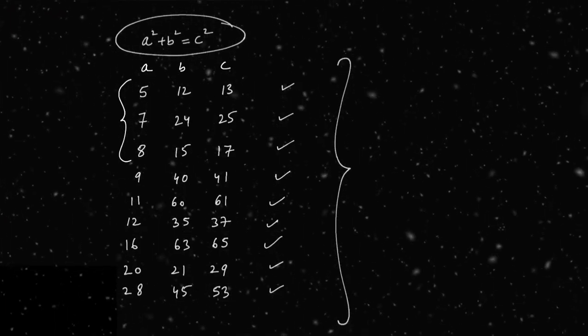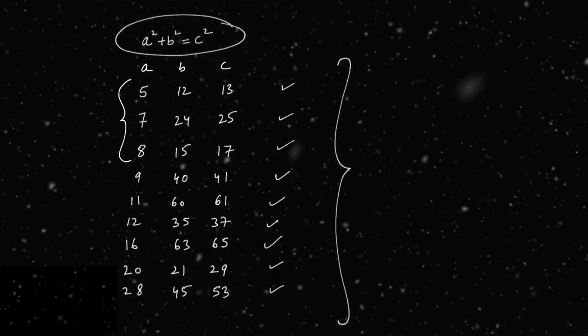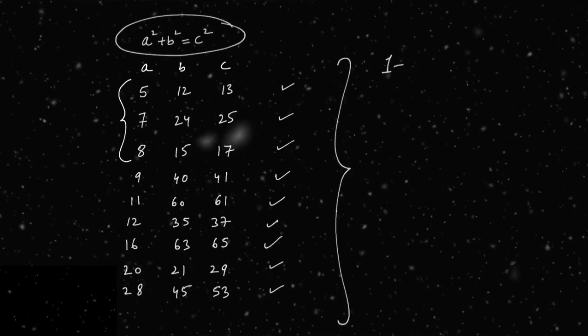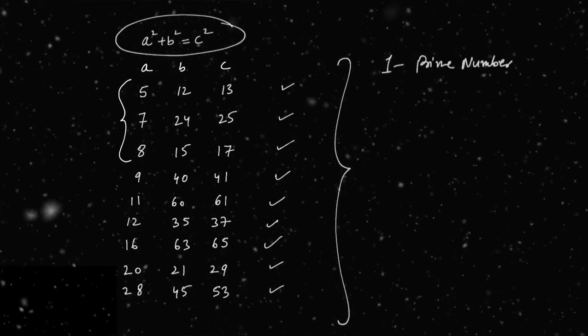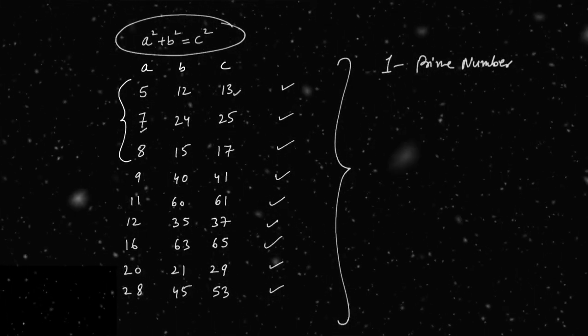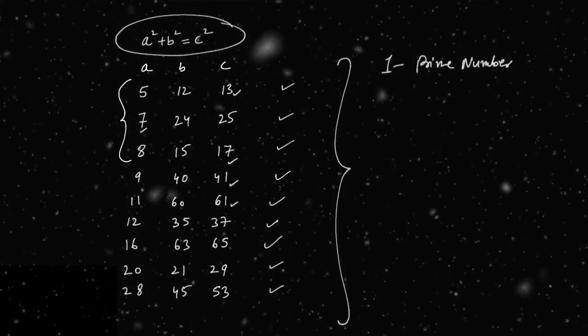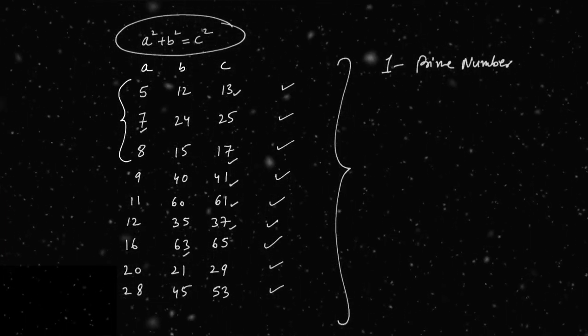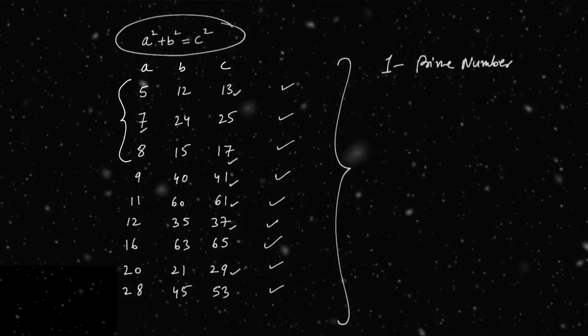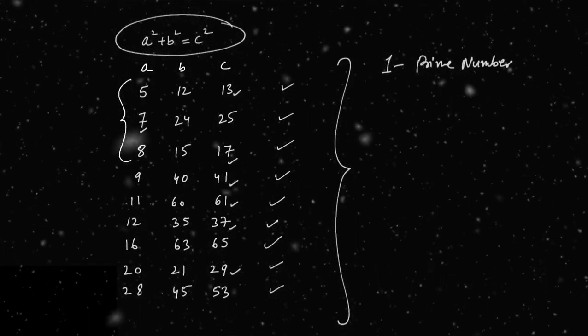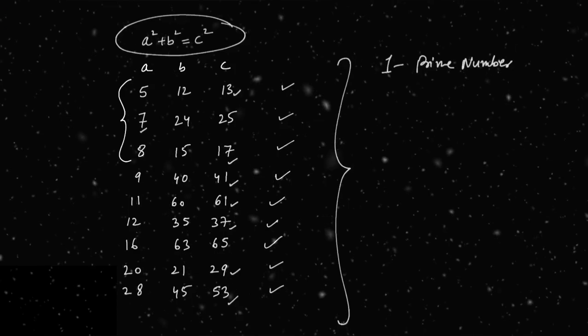If you go through this list, one thing you will observe is that one of the numbers in each combination is a prime number, like here 13, 7, 17, 41, here 61, 37, 63, 29 and in this 53. See how amazing it is.